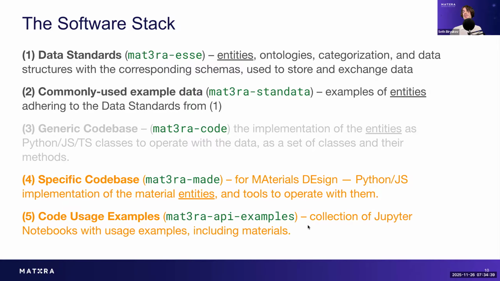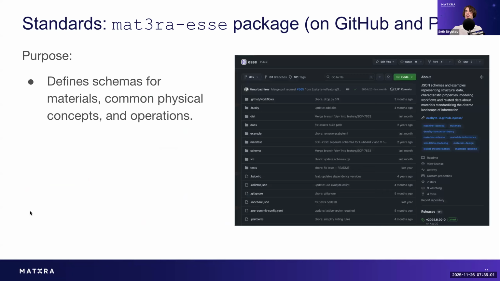And the fifth one is the code usage examples stored in Mat3ra API examples package, which has a collection of Jupyter notebooks that show how to use the approach and showcase how to use the Mat3ra made package. We're going to be focusing primarily on the 4th and 5th today. I'll show in more detail all of the 5 components.